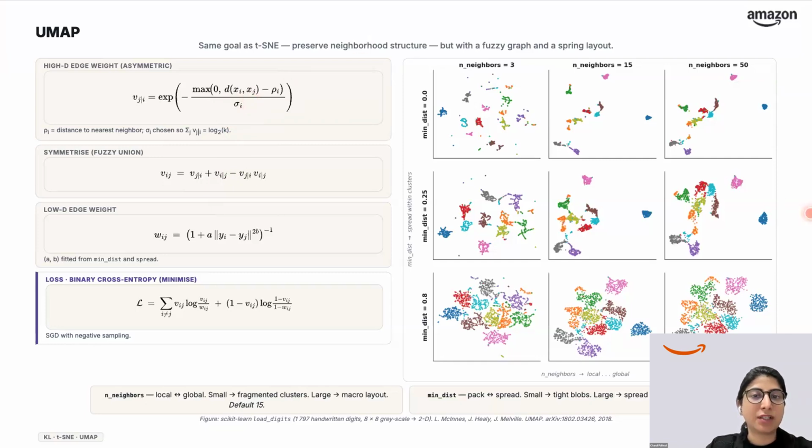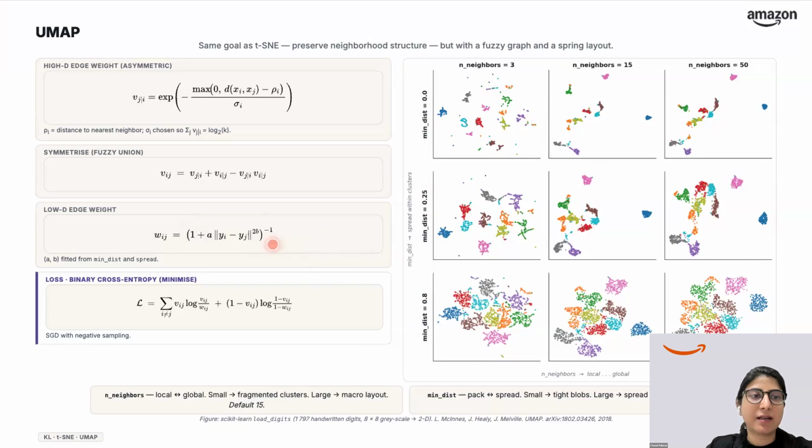And then what you do is that on the Y side, you scatter the points and measure the closeness in the same way. And here this a and b come from this minimum distance knob, or the hyperparameter, right?